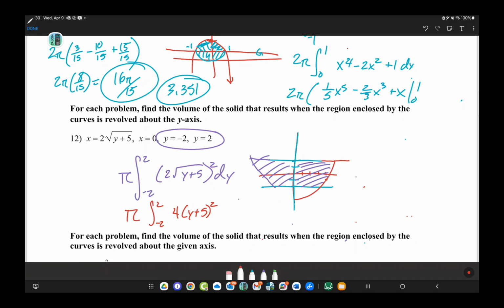Bring the 2 out, 2 pi, and do the integration of that, which would give you what? One-third of y plus 5 cubed? No, it can't be that. Can't be that, can it?